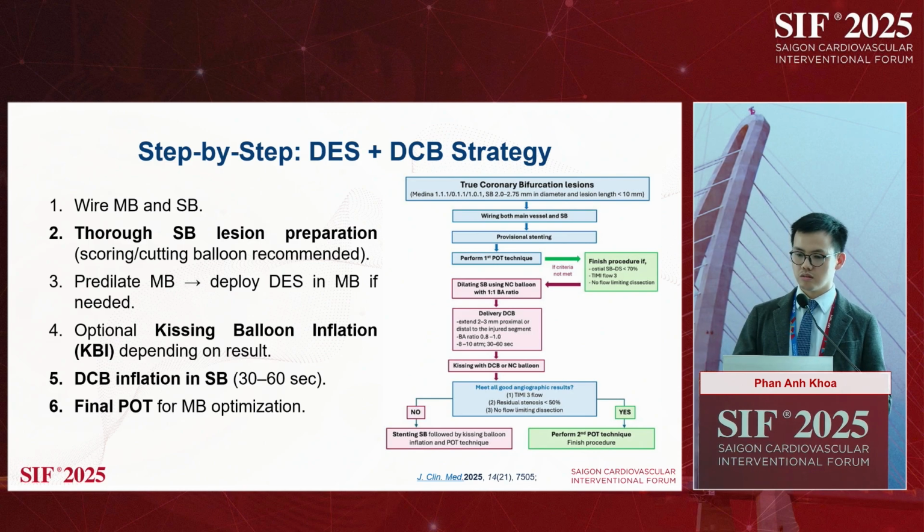This is not the most correct step, but I think it is suitable for almost all cases. We use the wire, do good lesion preparation, optimal NC balloon inflation, and then DCB inflation after stenting the main vessel at the final part. Some experts share the idea that maybe we can use DCB before we put the stent in the main vessel for some reasons.